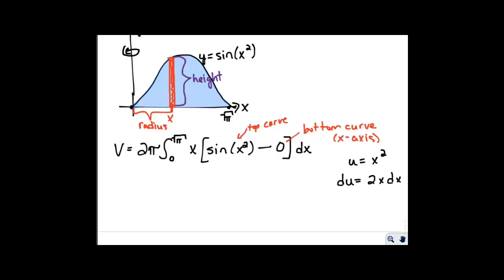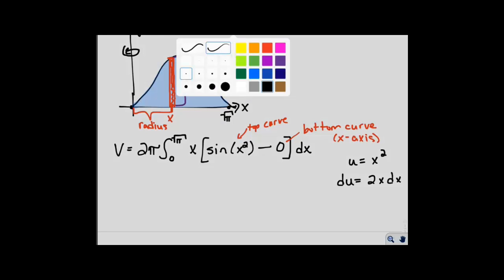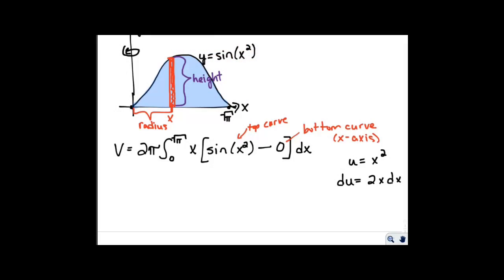But since what we have in our integral is x and dx, then we need only to have x dx here because we have to know what to substitute. So we're going to move the 2 over to the other side, so we get 1/2 du equals x dx.